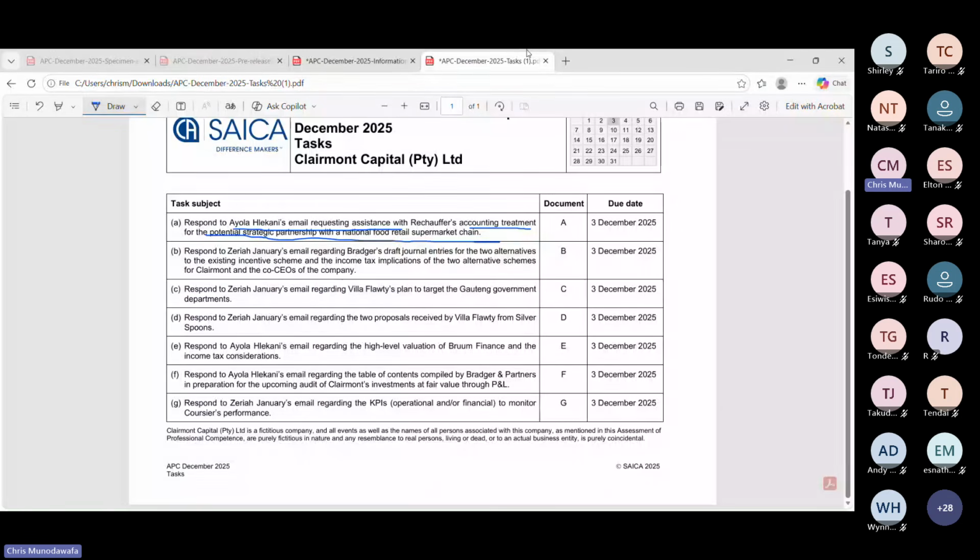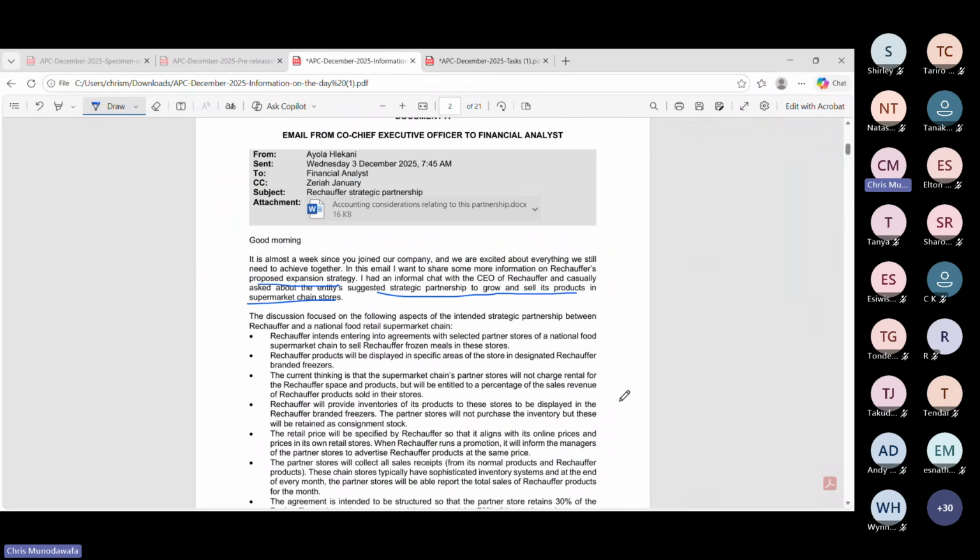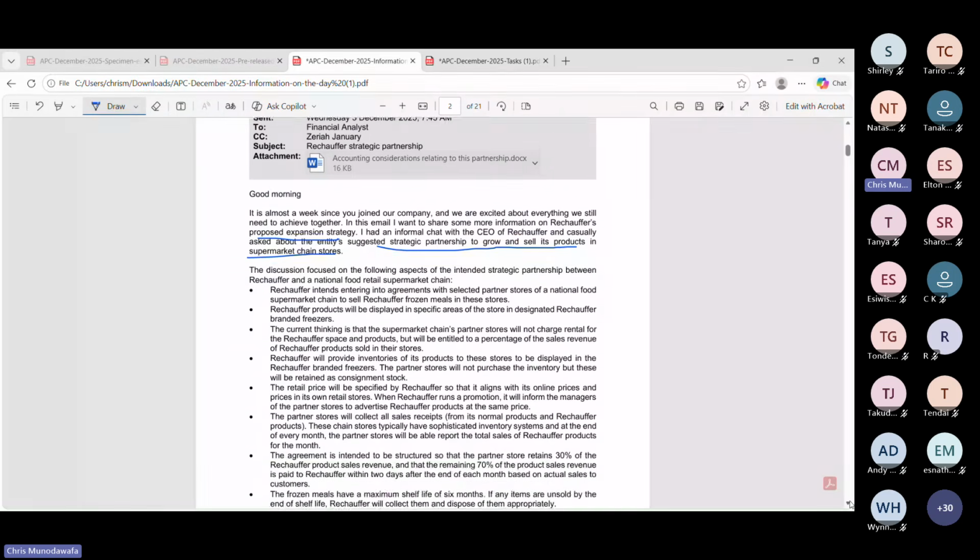So if you go to my tasks now, they are asking about the accounting treatment for the potential strategic partnership with the national food retail supermarket chain. I'm being given different options, team. There are many options, so I just want to take you through it so that I can explain what coverage and what depth is.